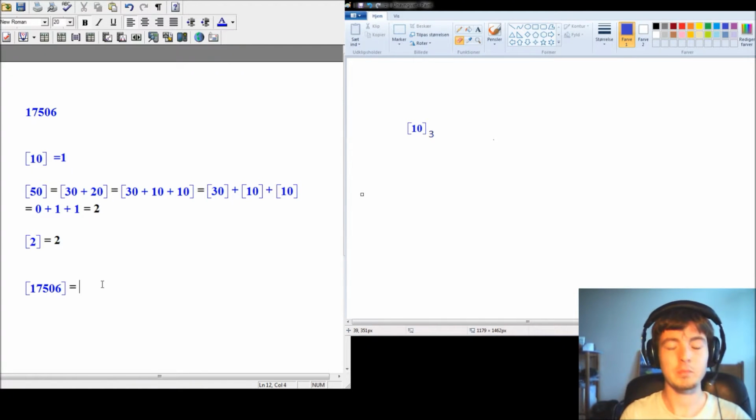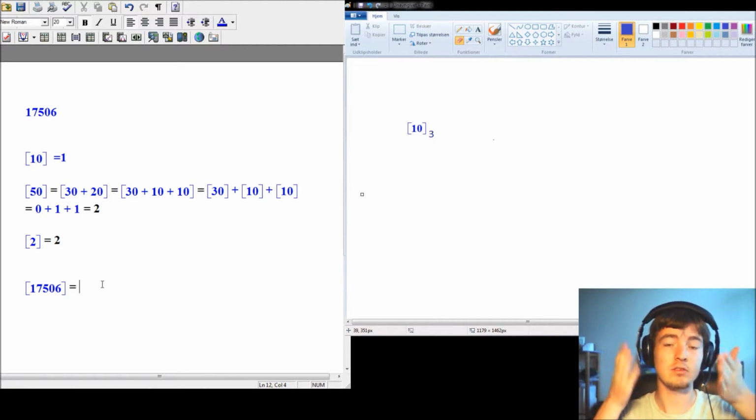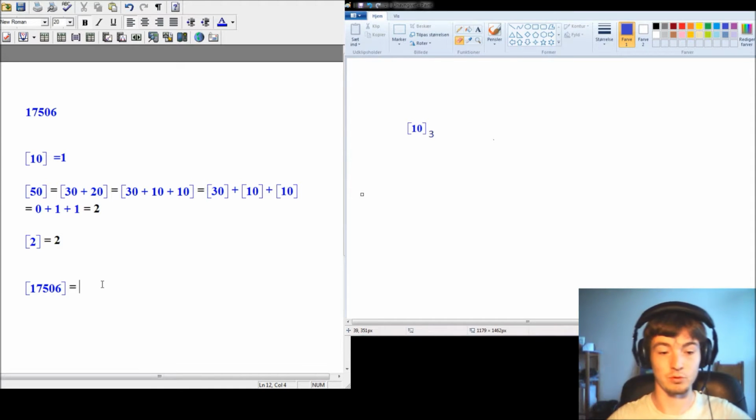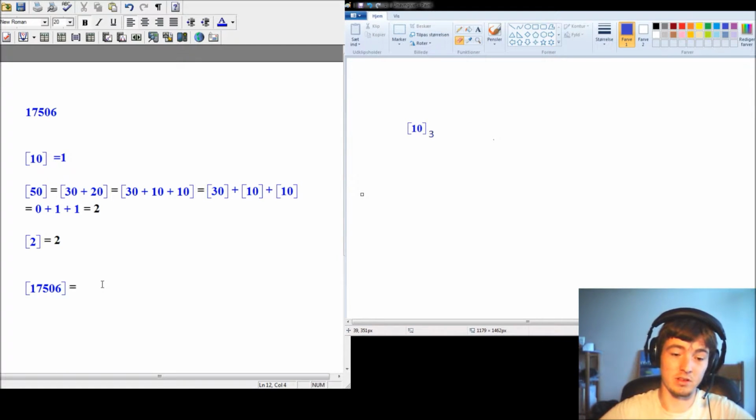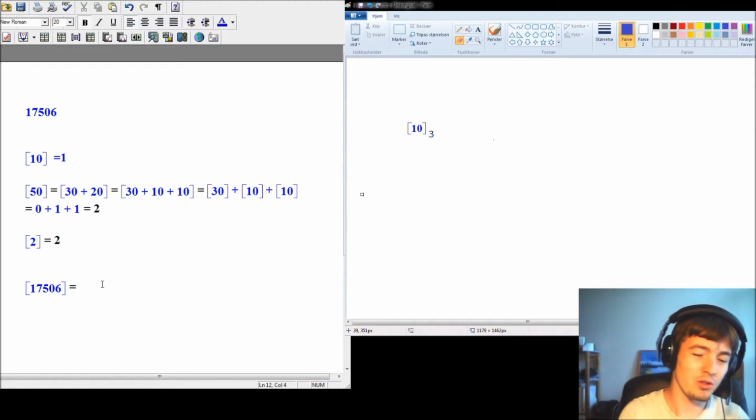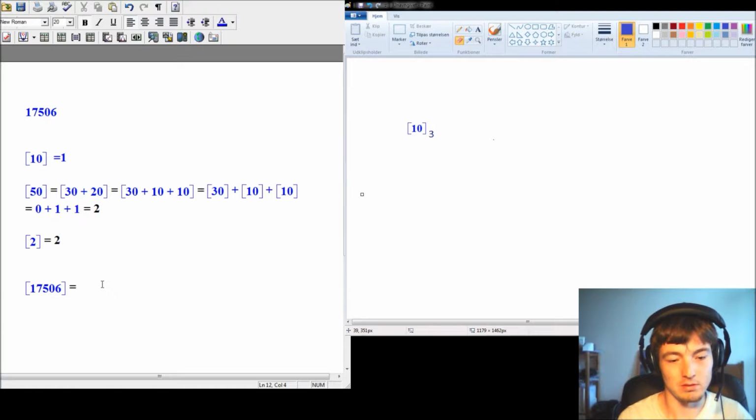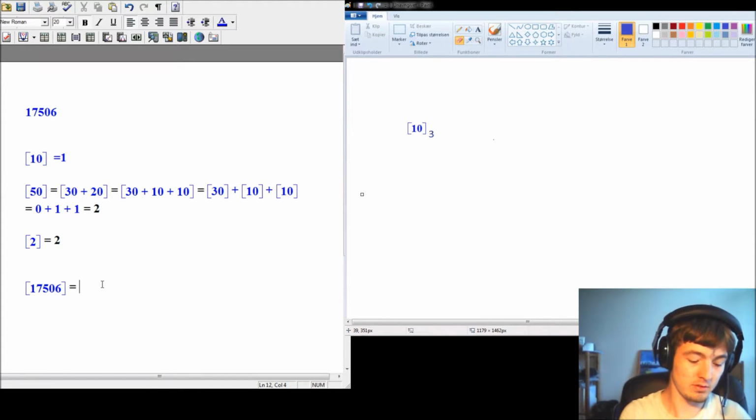I could add this together in many different ways. Of course, I could do 17,000 plus 506, or 17,000 plus 500 plus 6. There's a bunch of ways to do this, although there's one that I like to use, because this will be practical later, and it's just one of them.